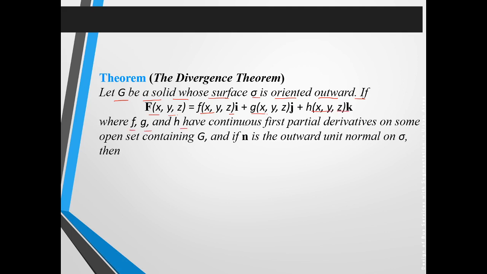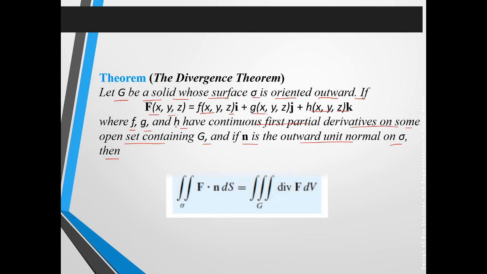F, G, H have continuous partial derivatives on some open set containing G, and n is the outward unit normal on sigma. Then the double integral over sigma of f dot n dS is equal to the triple integral over G of the divergence.